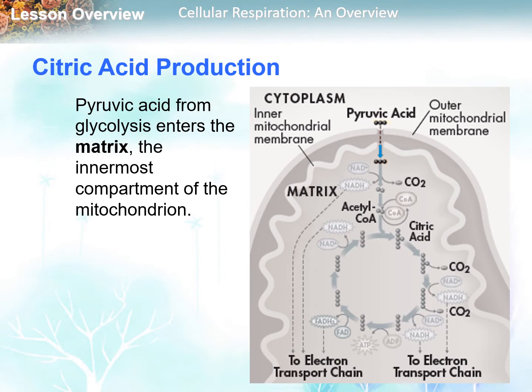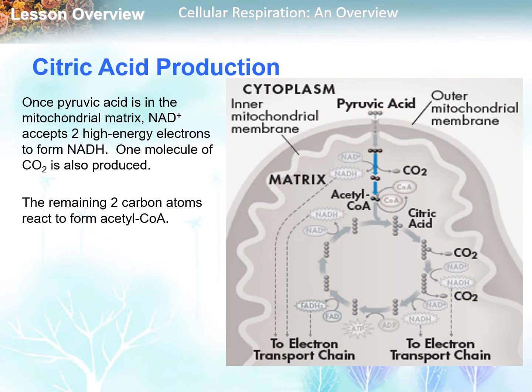So this pyruvic acid from the glycolysis enters the matrix. What is a matrix? Matrix is the innermost compartment of the mitochondrion. So once pyruvic acid is in the mitochondrial matrix, NAD+ accepts two high energy electrons to form NADH.